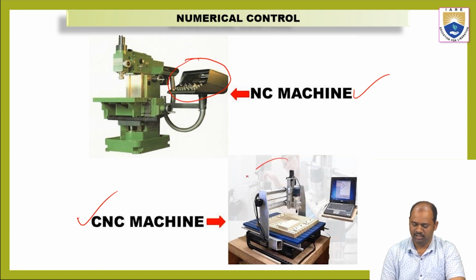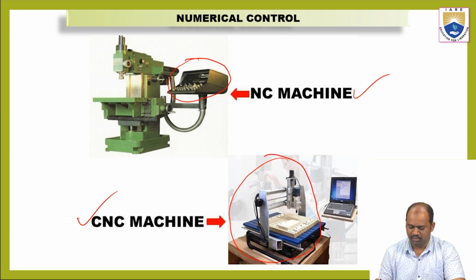In this image we can see this is a machine, or this is a 3D printer. Okay, this might be a milling machine. So this machine is being operated with the help of a computer. The numerical control system is slightly modified and it is connected to a computer. Now we can give programming or codes directly into the computer itself.